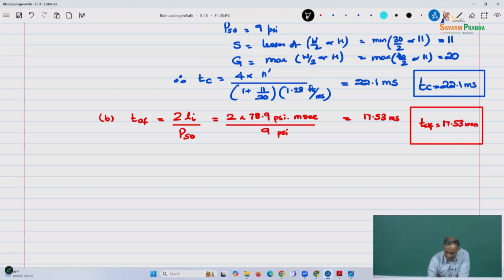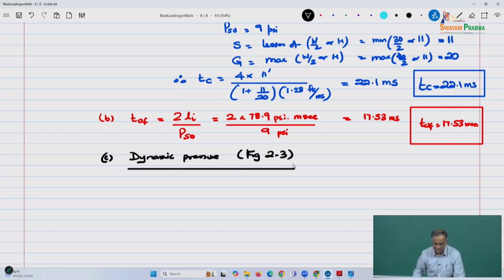Then the third parameter to calculate is the dynamic pressure. And this comes from figure 2-3. I had mentioned earlier the different figures that we are using, and 2-3 was one of them.